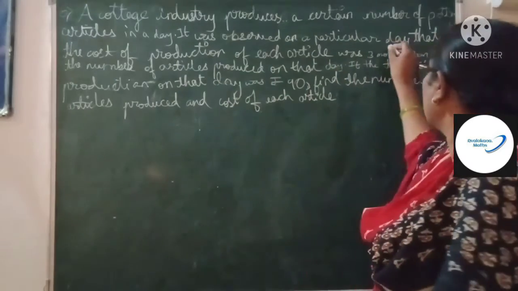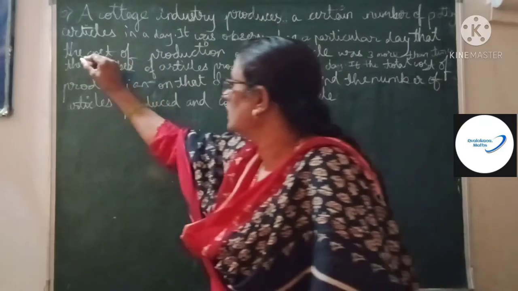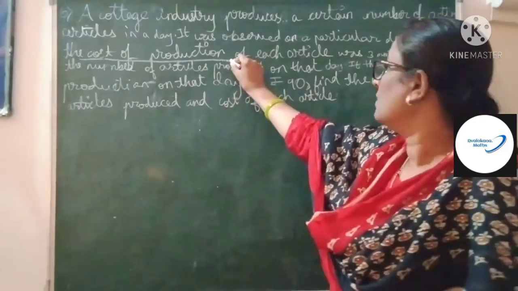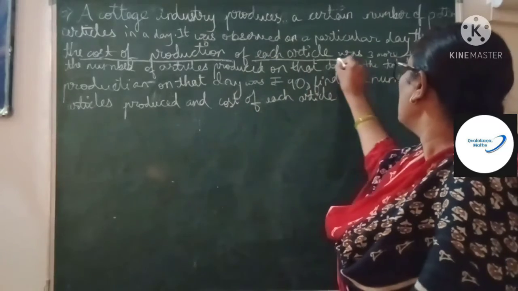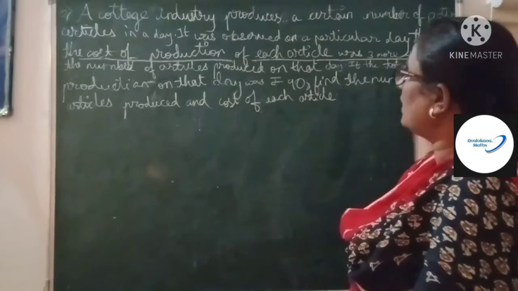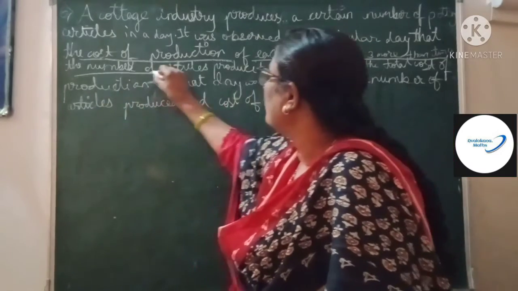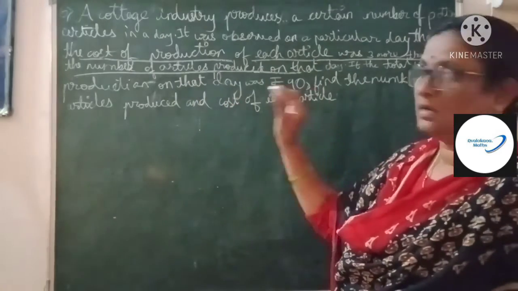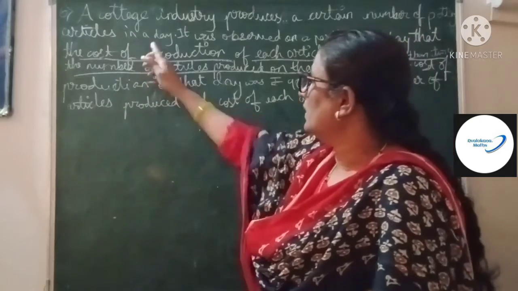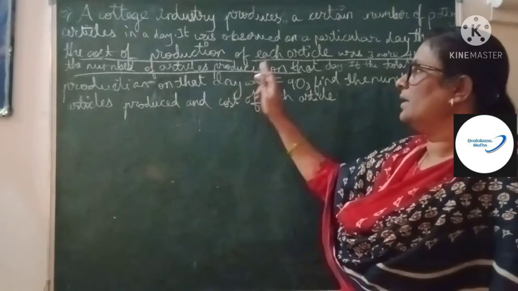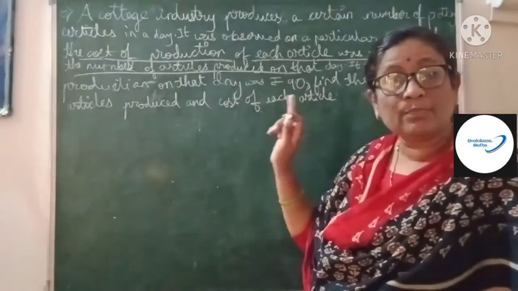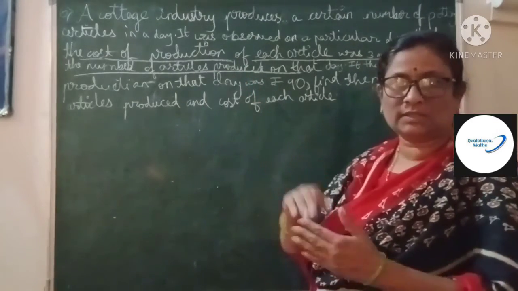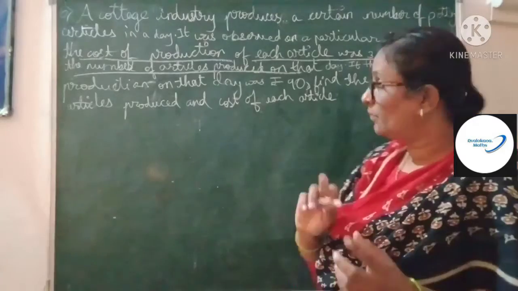Remember this one here, what they are discussing with us. Here they are talking about the cost of production, that is the rate of each article, was 3 more than twice the number of articles produced on that day. So here you are given a relation between cost and the number of articles produced.